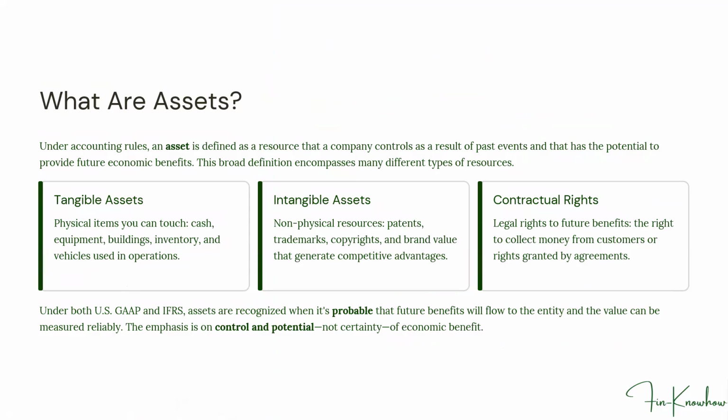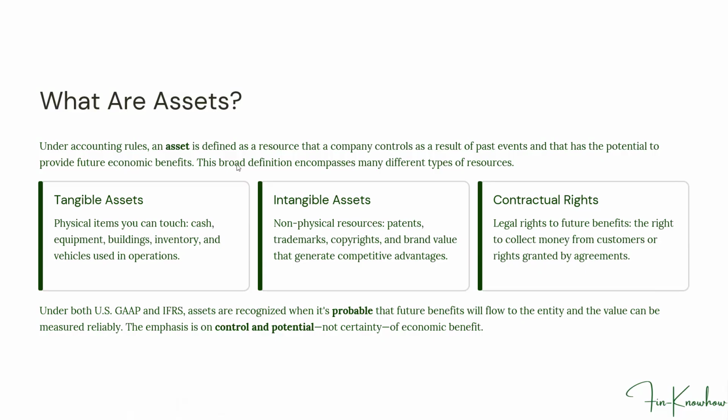and start defining what assets are. An asset under the accounting rules is a resource that the company controls in terms of its deployment, and it has the potential to provide future economic benefit.